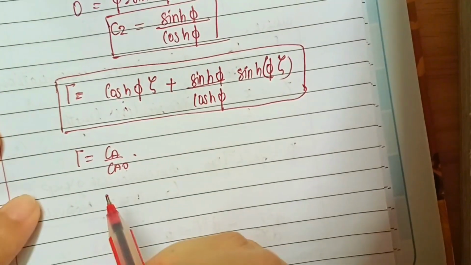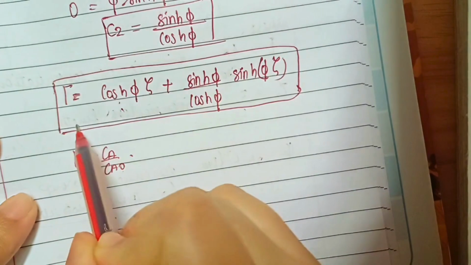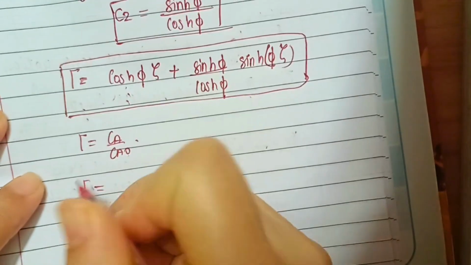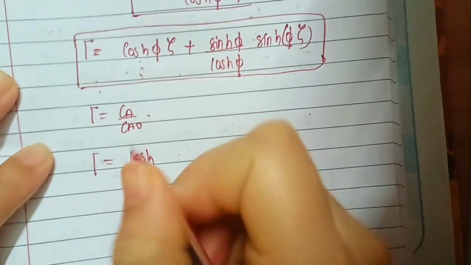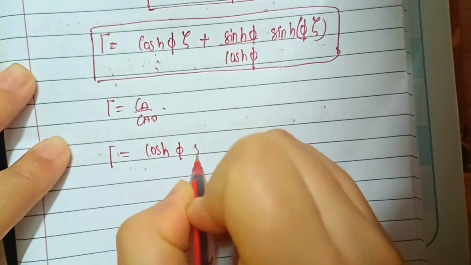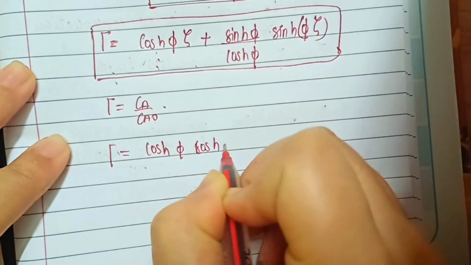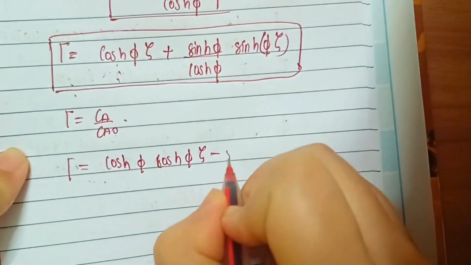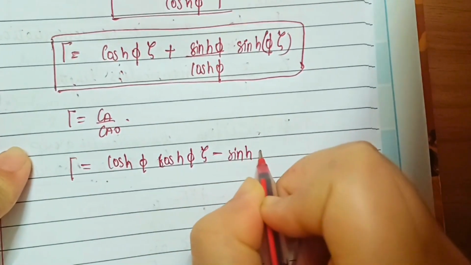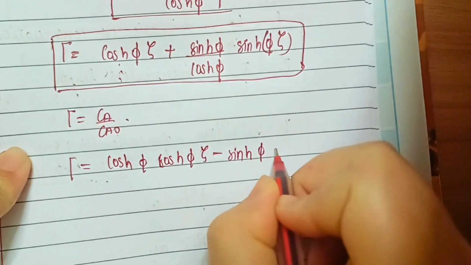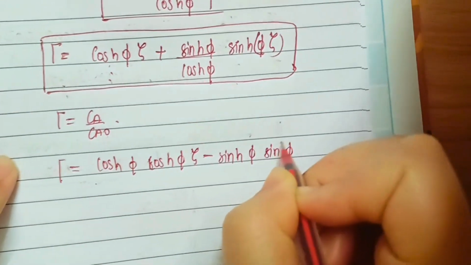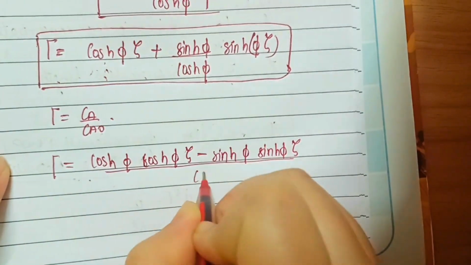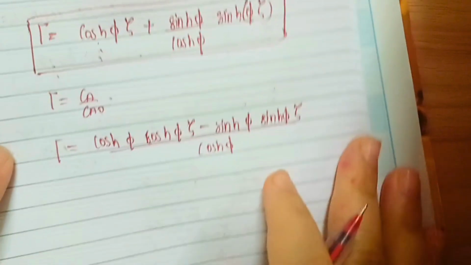So after further evaluation, this equation can be converted into gamma equals cosh(phi zeta) minus sinh phi zeta upon cosh phi.